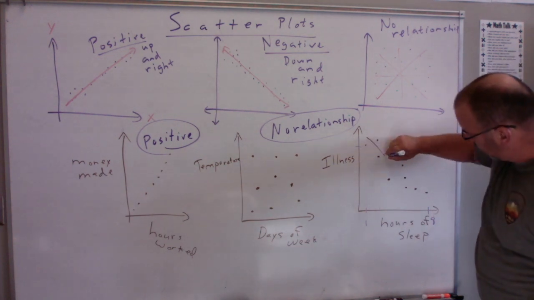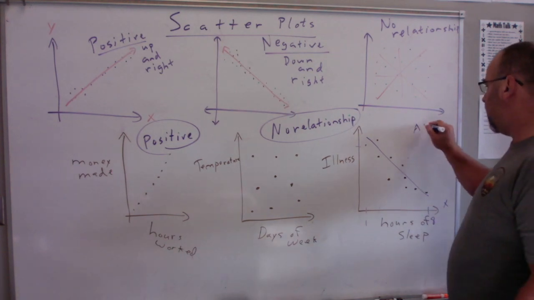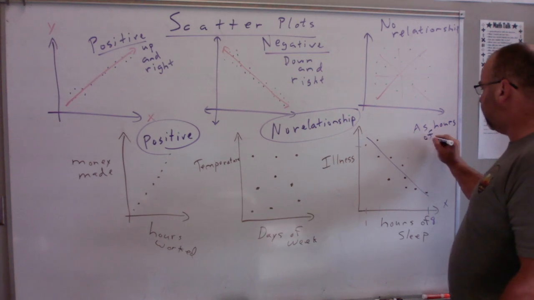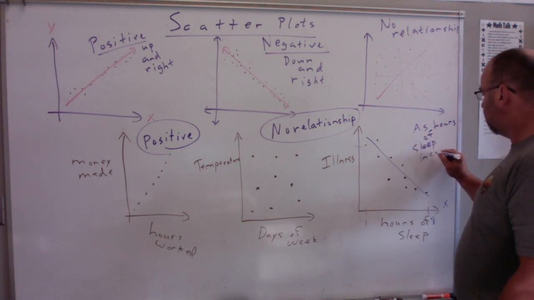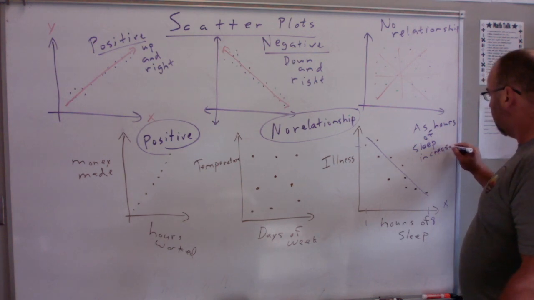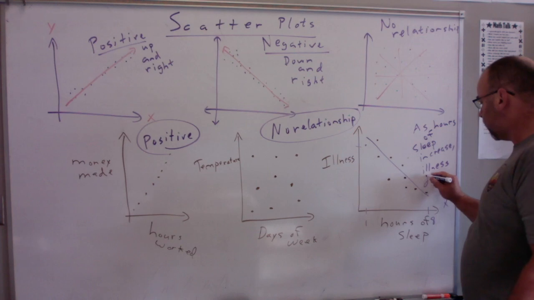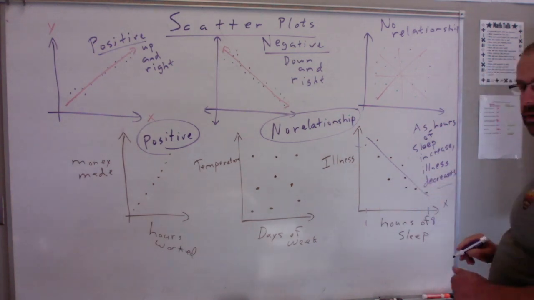So this is going to be, as X increases, we'd say as hours of sleep increase, illness does what? Illness decreases.